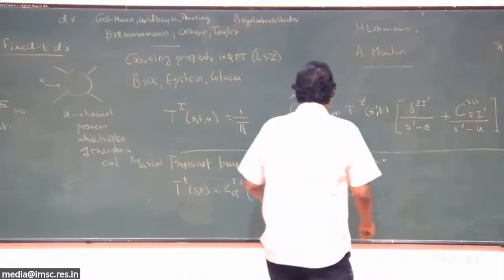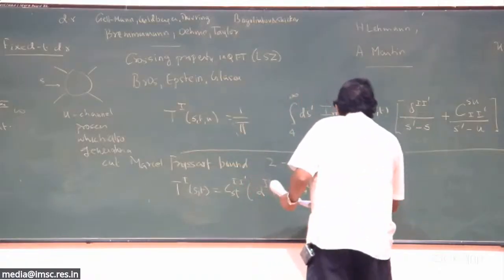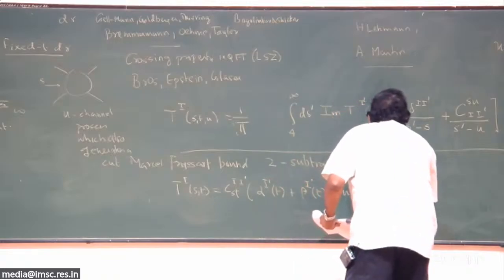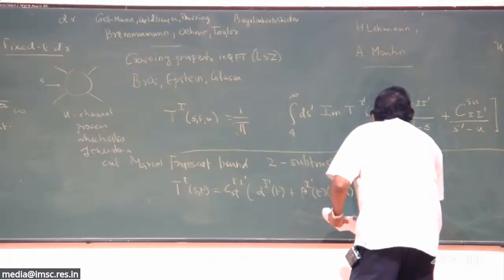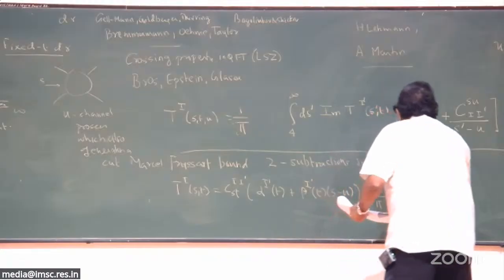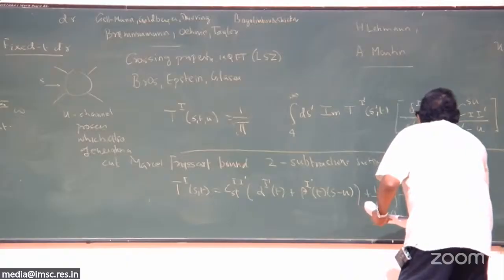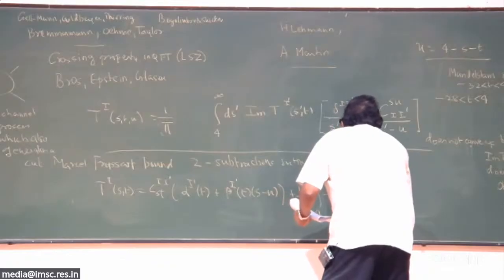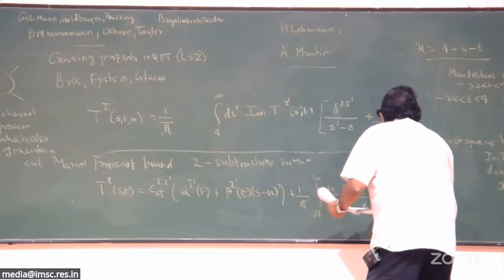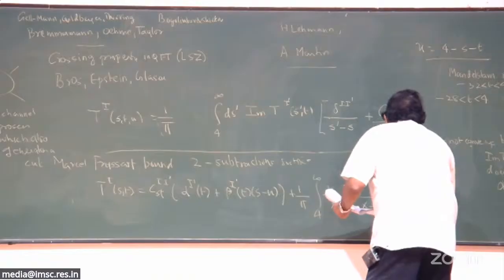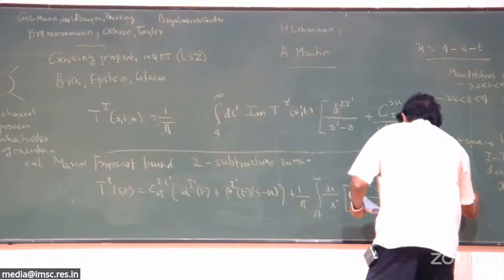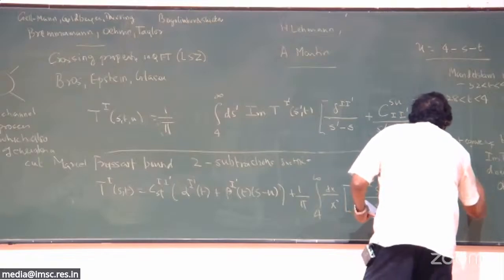Okay. And then it's exactly the same as before, 1 by pi integral from 4 to infinity dx by x squared, this time instead of s prime squared, times delta_i' s squared by x minus s plus C_su_i' u squared by x minus u, Im T_i'(x, t).